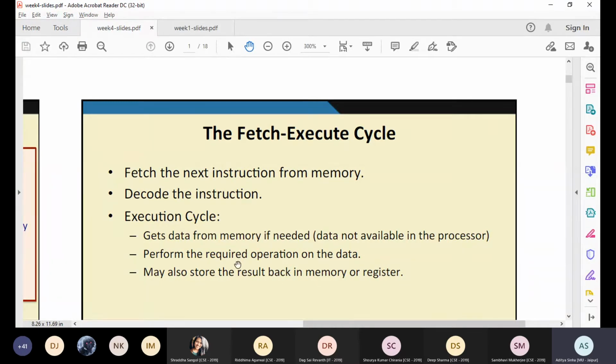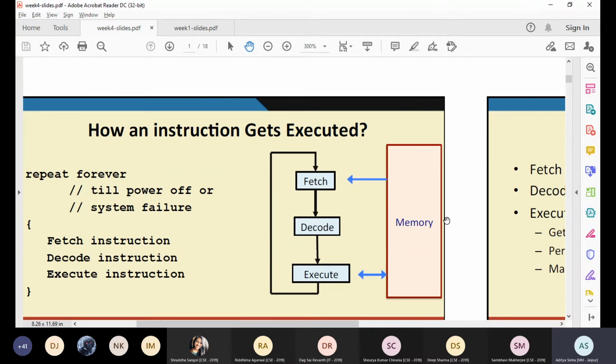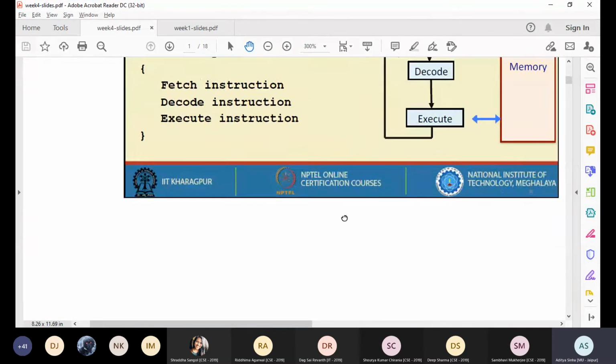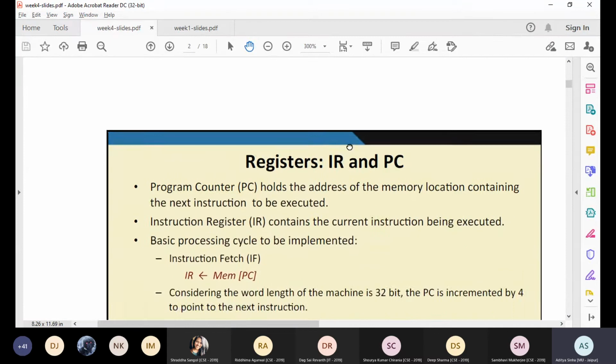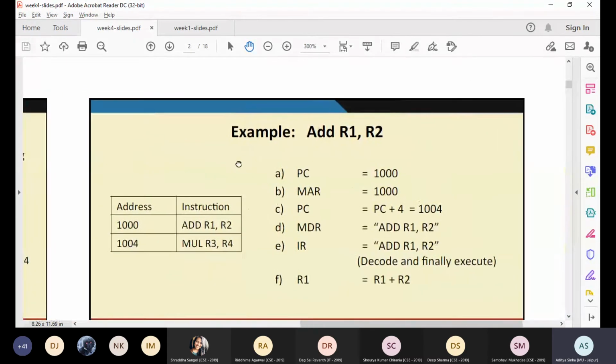These scenarios depend on the instruction, so if you do it for various examples like what we have discussed here, you will get proper clarity over where the data is going and what will be the exact fetch or execute cycle for it. So this is the basic fetch and execute cycle, and it will change according to the instructions we are providing. The two registers we have already seen, so I'm not discussing that.